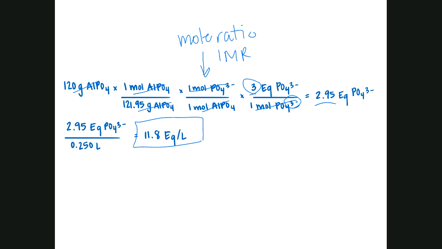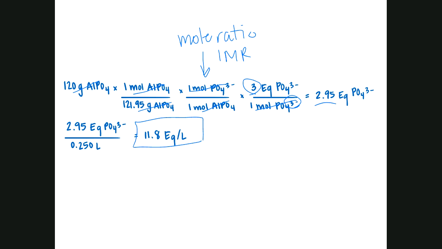Use those same steps that we looked at in chapter 6. Step 1, if necessary, balance the chemical equation. We didn't have a chemical equation here, so we could ignore that step. Step 2, convert your given unit into moles. We were in grams, so to get to moles, we use the molar mass. Step 3 is to convert from your given substance into your wanted substance using a mole-to-mole ratio.